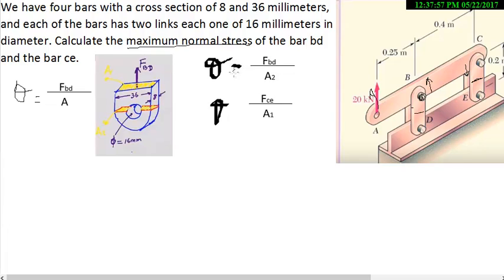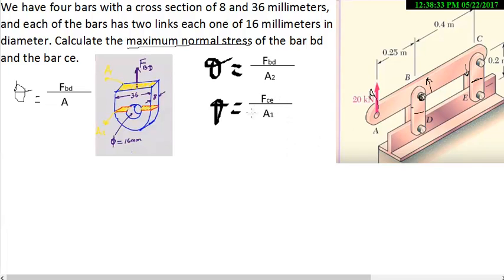Normal stress for the bar BD will be equal to the force in BD divided by the area number 2, and for the bar CE, the formula will be force CE divided by the area number 1, this one right here.